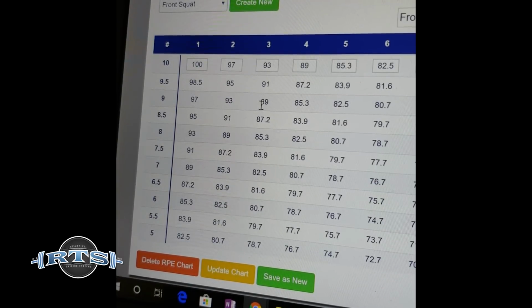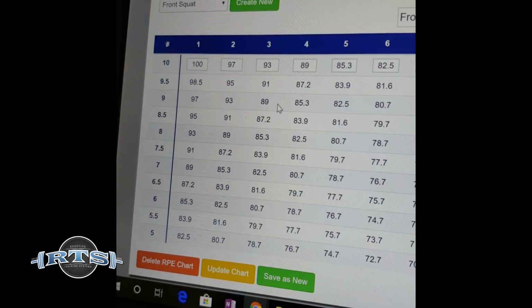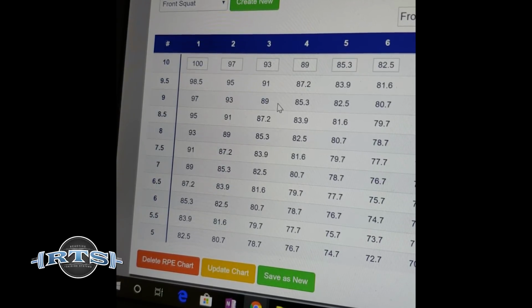So there are pros and cons with any of these techniques, but the point is that there's a relationship between RPEs, reps, and intensity, and that relationship is the interesting thing to know when it comes to putting the right weight on the bar. So after all, putting the right weight on the bar and lifting it the right number of times, that's the whole point.